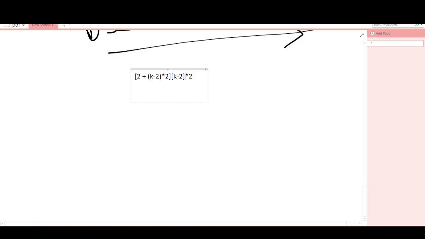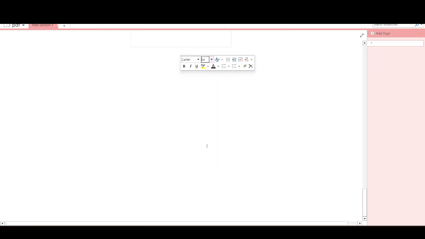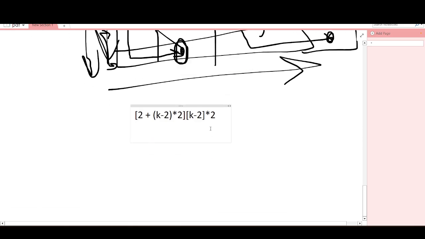So if we simplify this, let me make it large. Yeah, I hope now this is visible. So let's solve this. This will be 2 plus 2k minus 4, times k minus 2 times 2.